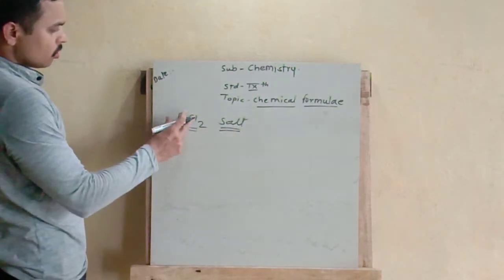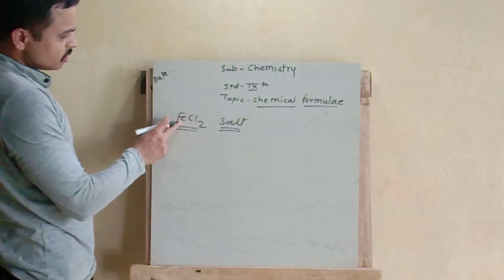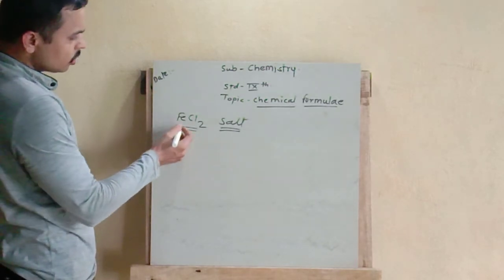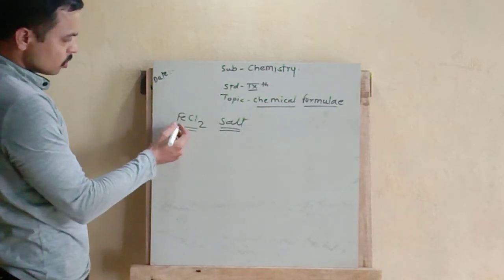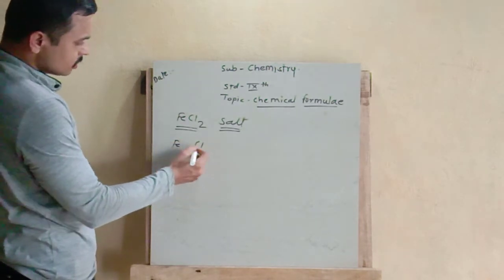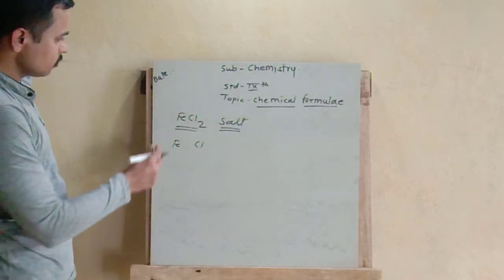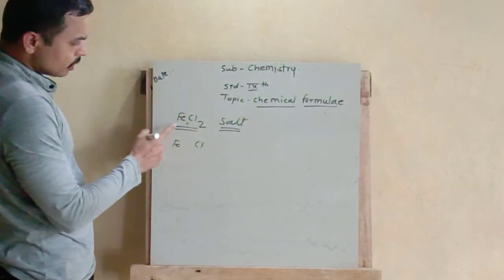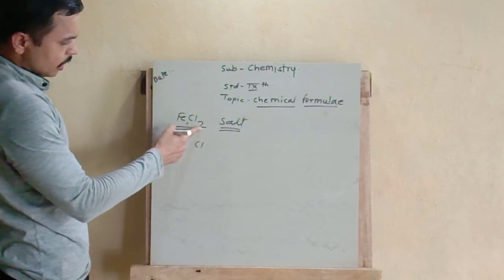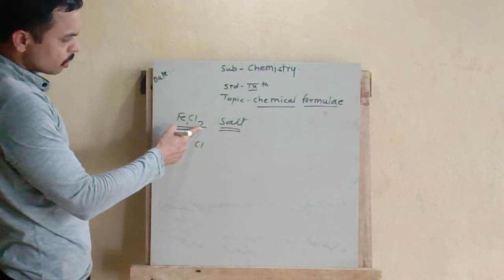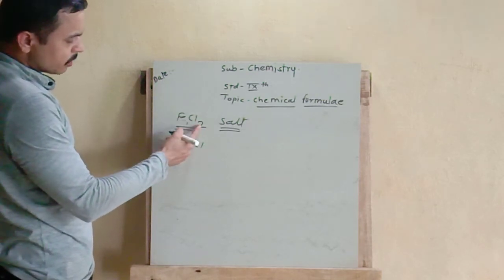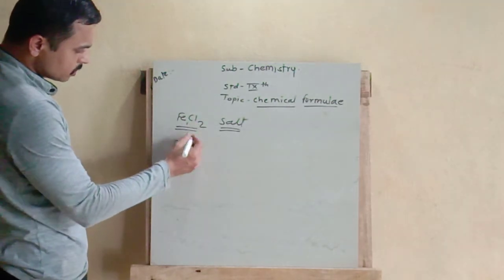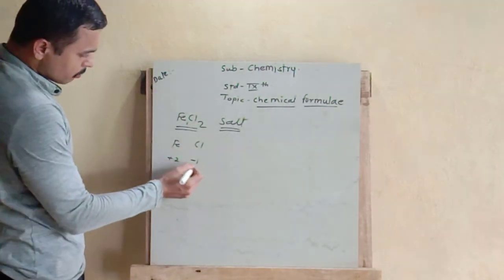Now, if the question asks you to convert this compound into its name, vice versa, you should know that iron and chloride are the two species involved in this salt. Now look at this salt carefully. Iron has one number, and chloride has 2. That means it is already cross multiplied. So iron has a +2 charge and chloride has -1 charge. So the numbers are not equal.